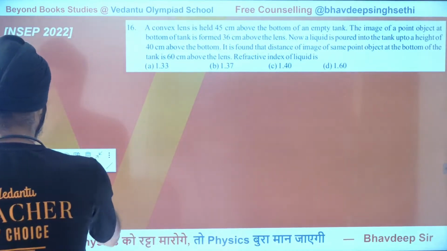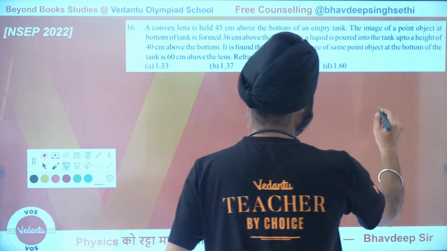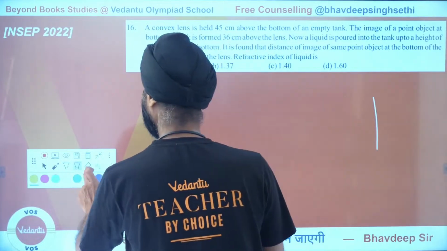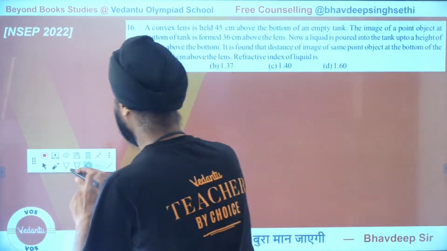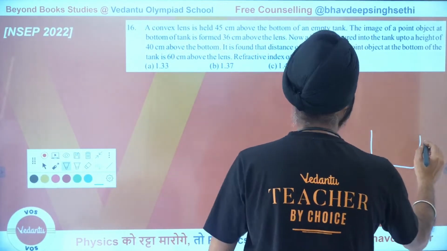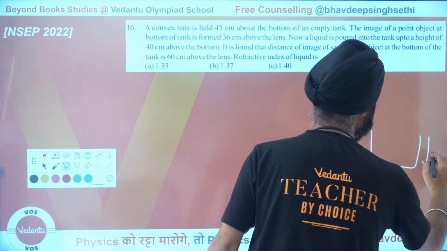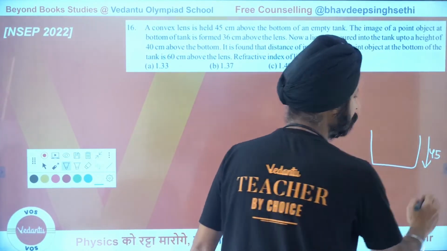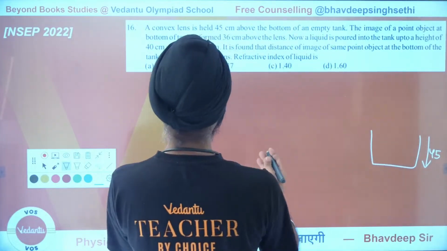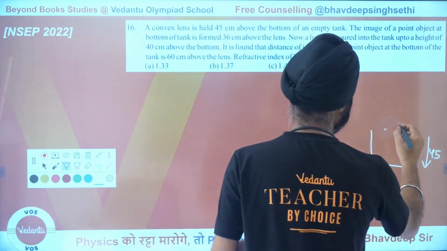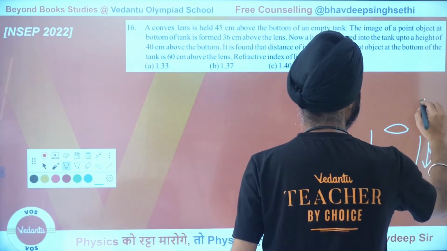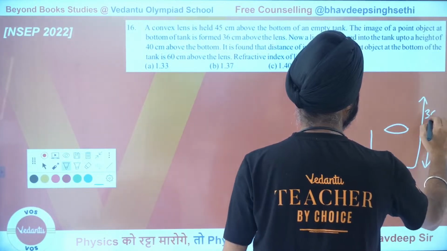So if I were to draw a sketch of what's going on here, let's first draw a tank. I don't know if this looks like a tank to you. So the tank is 45 centimeters deep, that's 45 centimeters right here. And they say you keep a lens at a distance of 45, and the image is formed 36 centimeters above that.